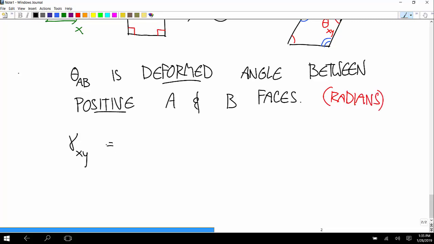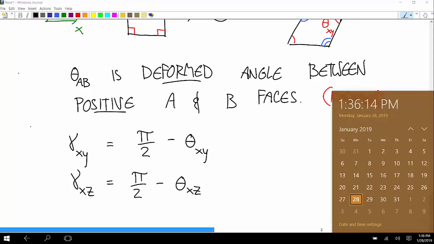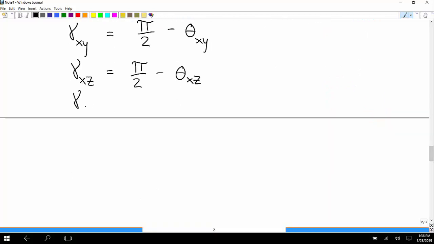Okay, so gamma xy is equal to pi over 2 minus theta xy. And gamma xz is pi over 2 minus theta xz. And all these definitions stay the same. So gamma yz is pi over 2 minus theta yz.